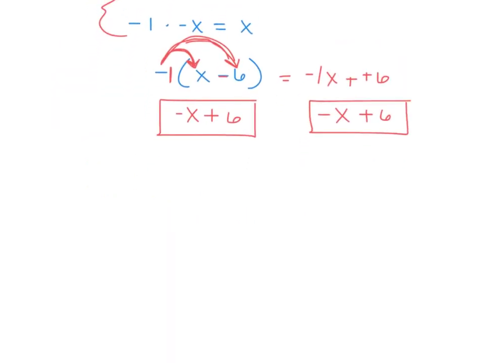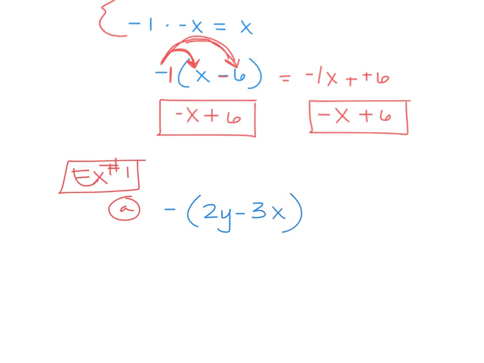Do this one for me. Oh, my stylus is falling to pieces, guys. This is not good. Okay, first one, we're going to do the opposite of 2y minus 3x.